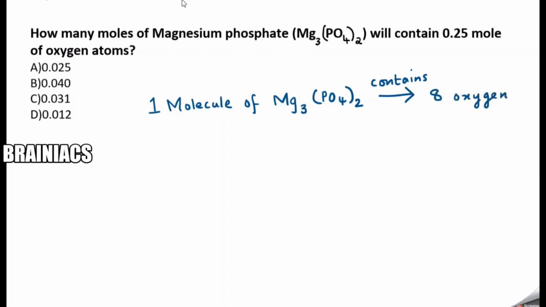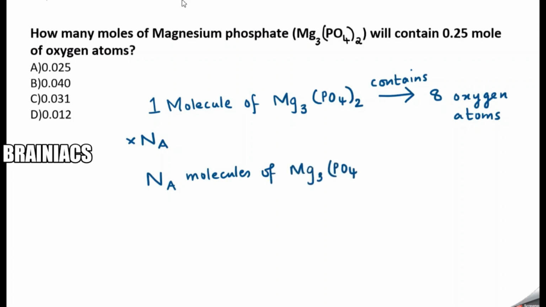Correct? Now I am going to multiply this with Avogadro number, Na. So this will become Na molecules of Mg3(PO4)2 contain, when you multiply on the LHS, multiply on the RHS also.